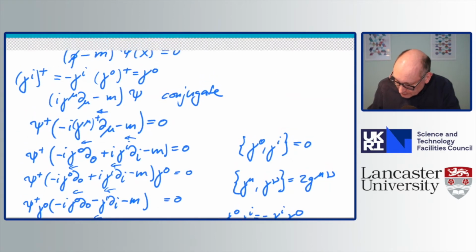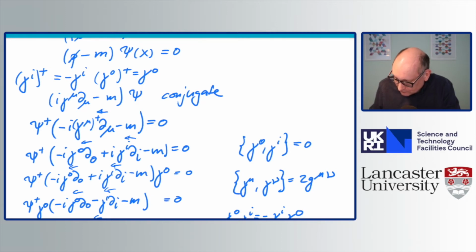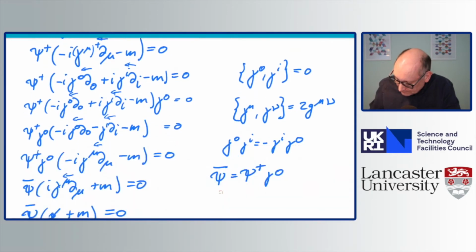It is understood that there's a derivative d mu acting on psi, and when we take the complex conjugation of that, it's still the derivative of psi. We just write it in this form. Good.